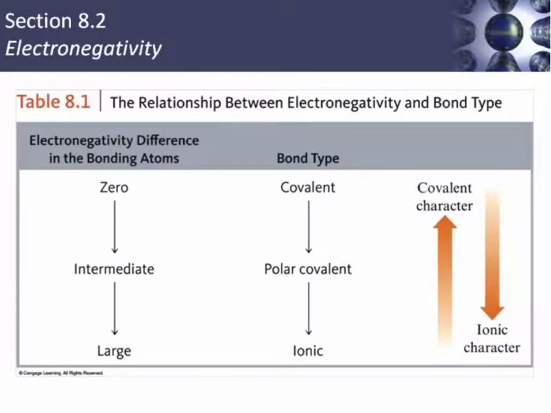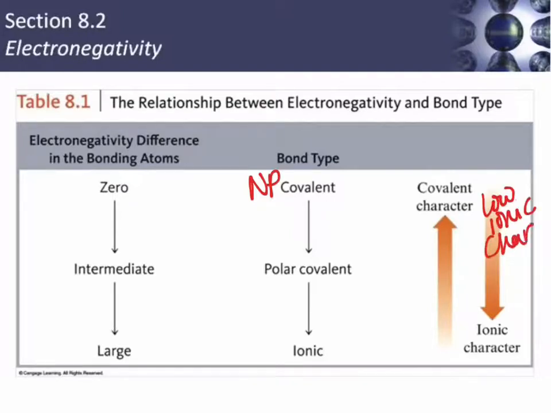So if we look at this and we see our electronegativity difference, if there's zero difference, then we know it's a nonpolar covalent bond, which means it has high covalent character and its ionic character is low.